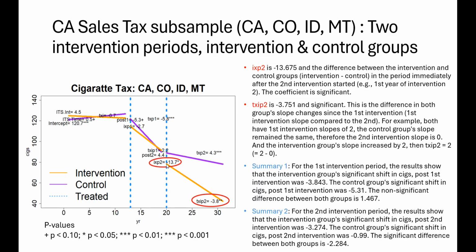And so if we were to subtract the intervention trend change minus the control trend change, 14 minus about 0, the number we're left with is 13.7. So that's the difference between those. And that calculation probably sounds familiar when we think about differences in differences. And it's the same idea.